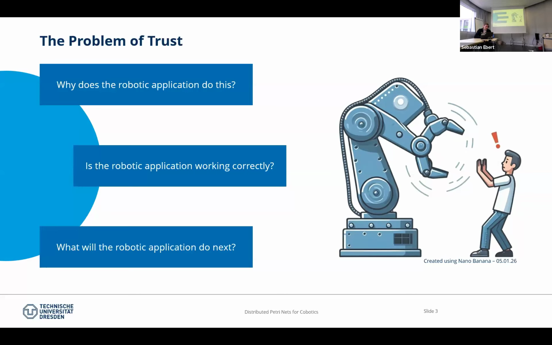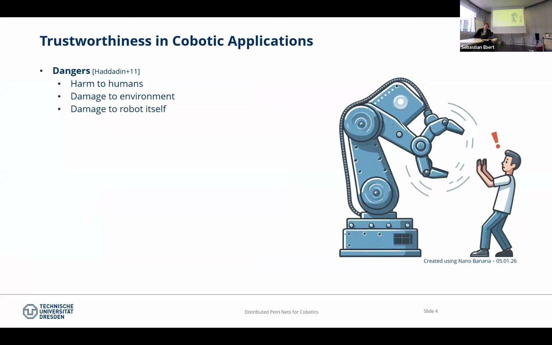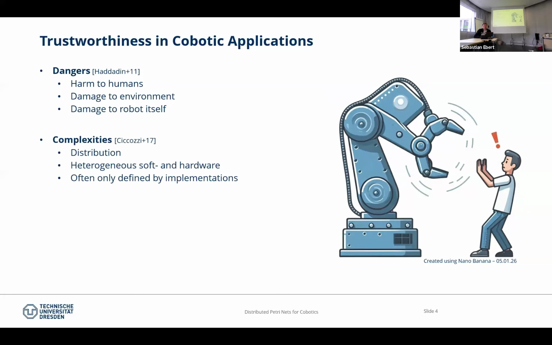But these things are actually not that easy to achieve, because we have many dangers, especially in cobotic applications, because we don't want to harm humans or the environment, or the most expensive thing, probably the robot itself. Many things are really complex. We have distributions, so multiple robots, maybe sensors. We have heterogeneous hardware, especially in research, because we're mostly trying to buy, of course, not the most expensive robots all the time.